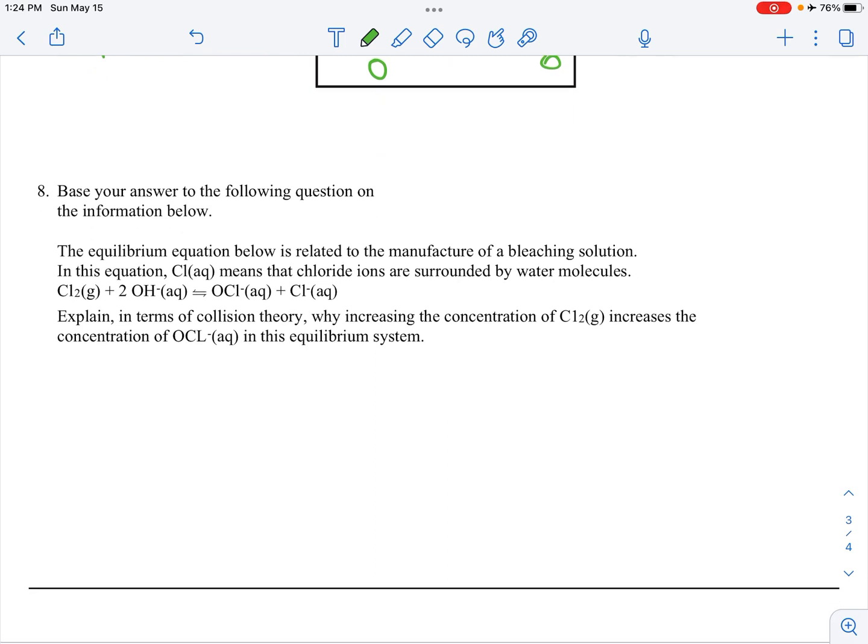The equilibrium equation below is related to the manufacture of a bleaching solution. In this equation, Cl aqueous means that the chloride ions are surrounded by water molecules. Explain in terms of collision theory why increasing the concentration of Cl gas increases the concentration of OCl, which should not be a capital L, in this system. Okay, so when you increase the concentration, you're going to increase, obviously, the number of particles.